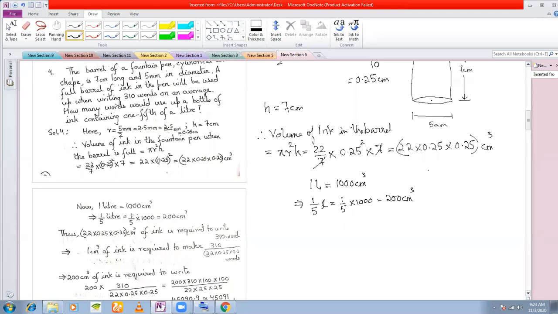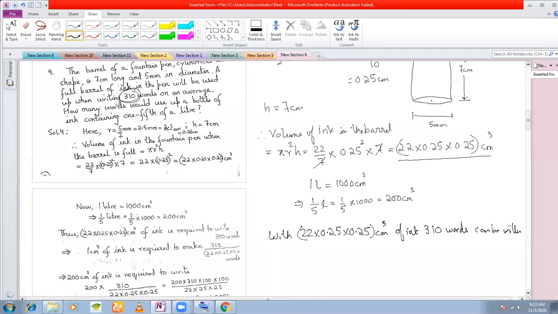So first of all, in this much centimeter cube of ink, how many words are we writing? 310. So with 22 into 0.25 into 0.25 centimeter cube of ink, 310 words can be written, right?